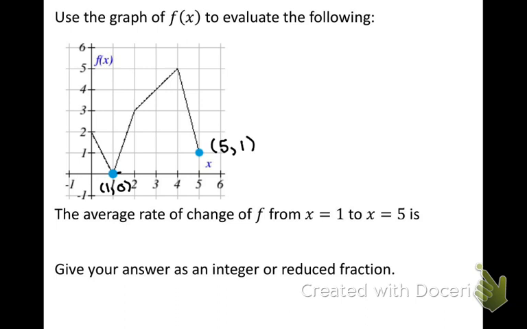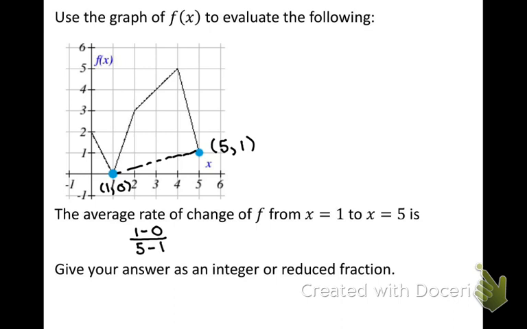So we want to figure out, on average, what's the change? You can see this change is not consistent. We are looking for that change in y over change in x, that y2 minus y1 over x2 minus x1. So we are going to have an average rate of change of 1 minus 0 over 5 minus 1.